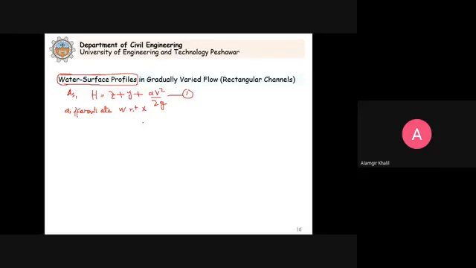So the rate of dissipation of energy, because we are differentiating this, we already studied the energy decreases in the direction of flow. And alpha is equal to 1, as this is the assumption we made in chapter 8 on pipe flow problems. We also make this assumption in open channel flow throughout this chapter. Alpha is equal to 1.